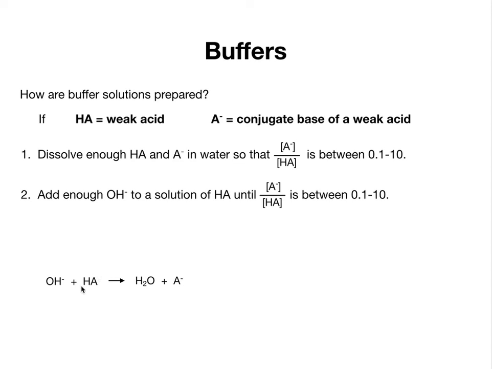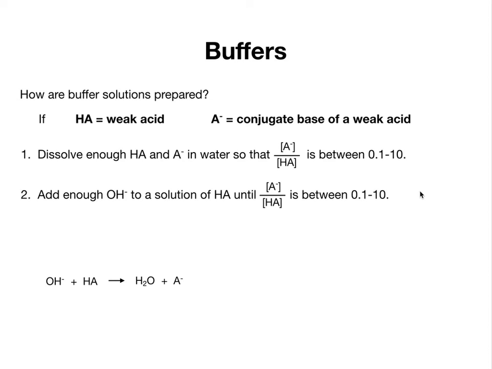So if we have a solution of a weak acid, we can add some hydroxide and convert some of this into this. If we add enough so that we end up with a ratio of both of these between 0.1 and 10, that would give us a buffer solution. So we can do that.